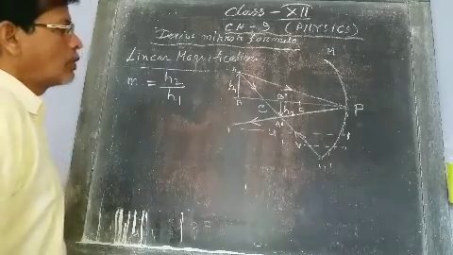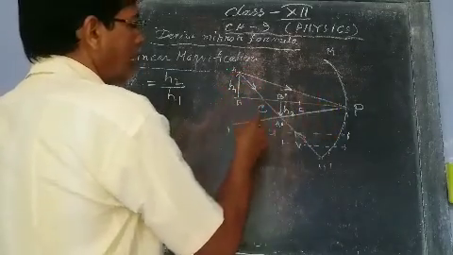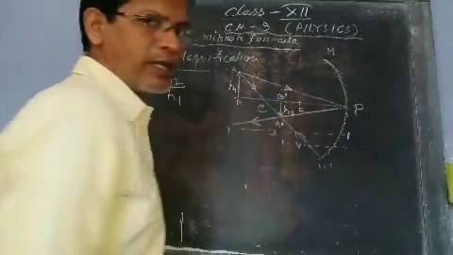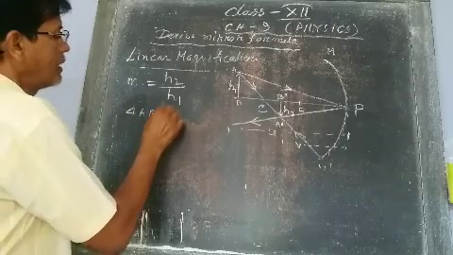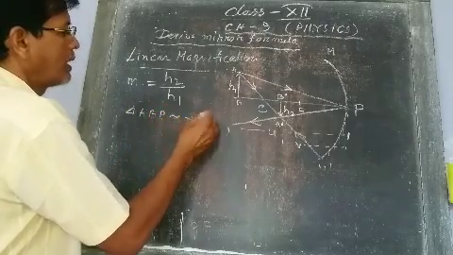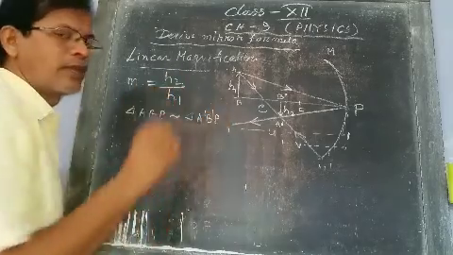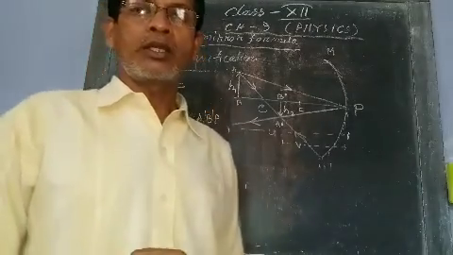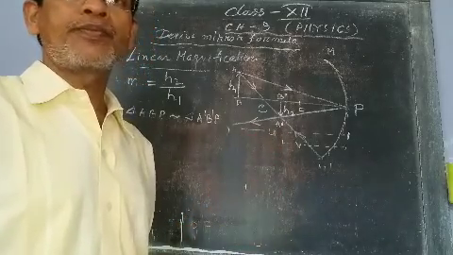Now we have discussed triangle ABP similar to triangle A dash B dash P. These two triangles are similar. It is already discussed in the earlier derivation.